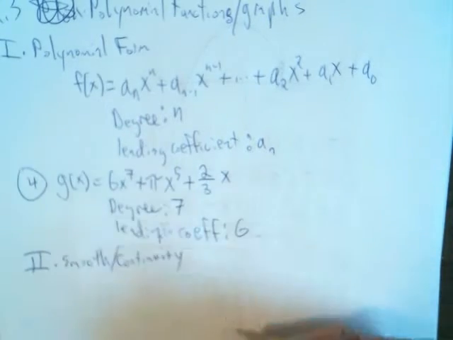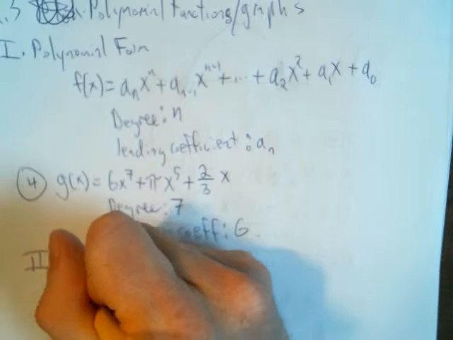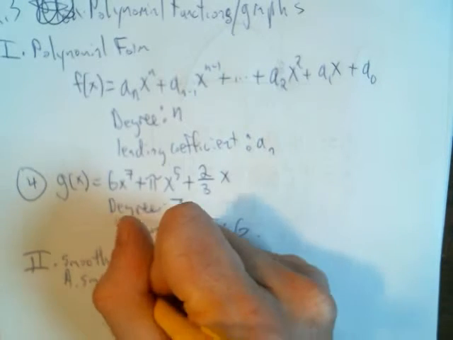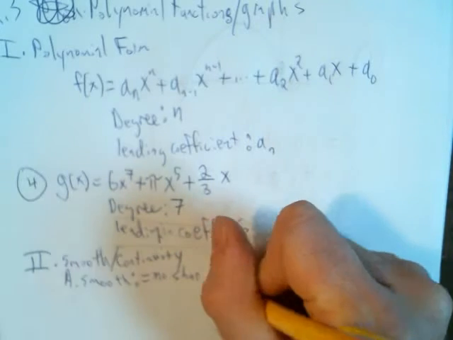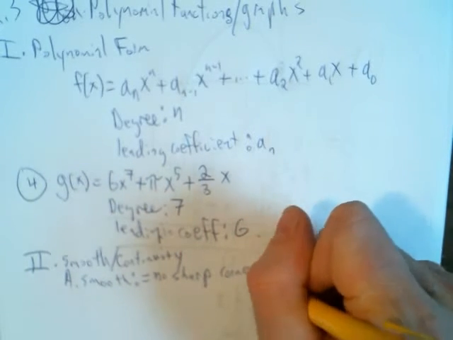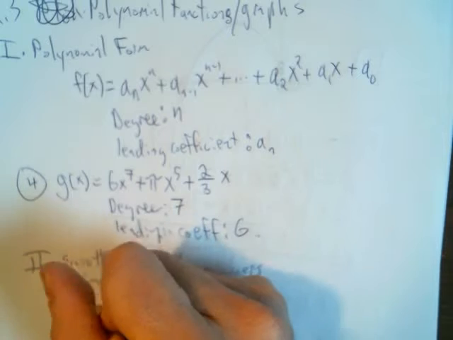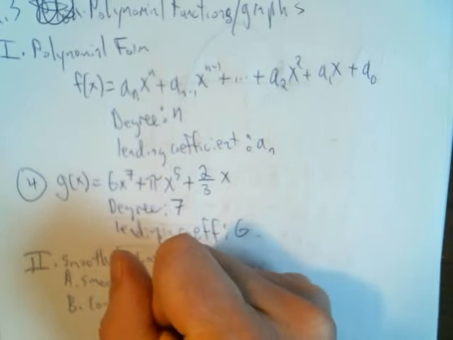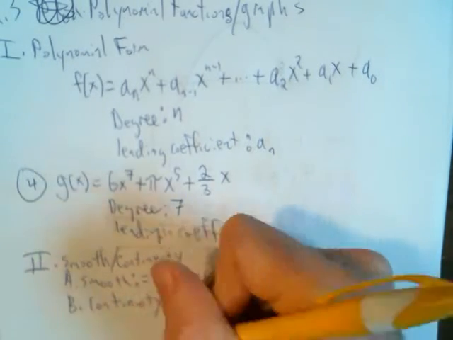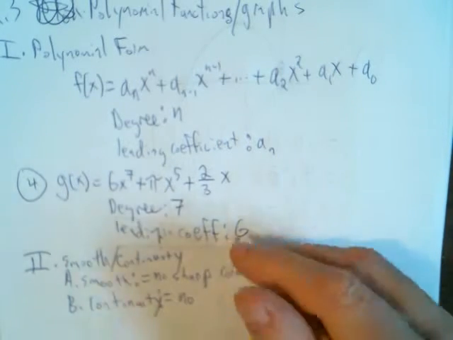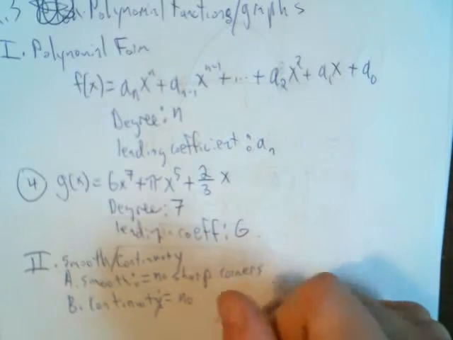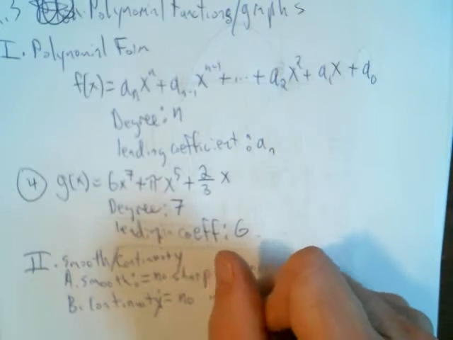So again, if it's smooth, that means it doesn't have any sharp corners. And then secondly, continuity. That means there's no holes in it. Okay, so no jumps, no vertical asymptotes, no holes.